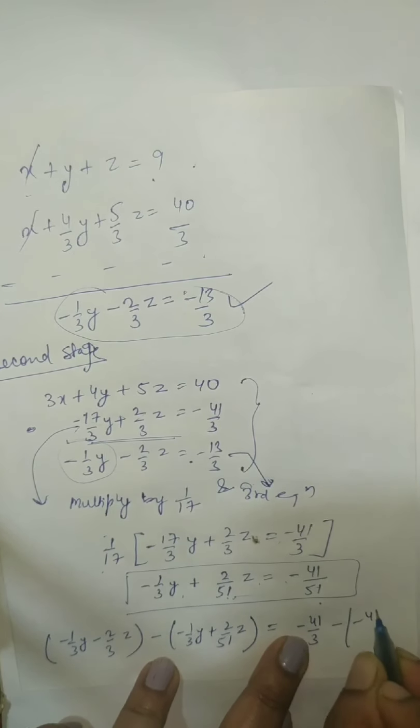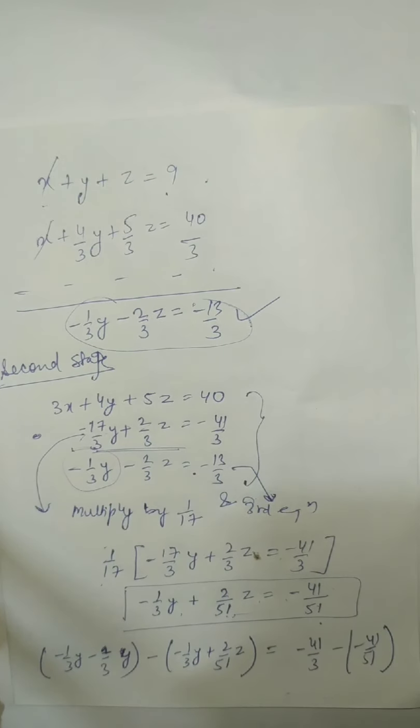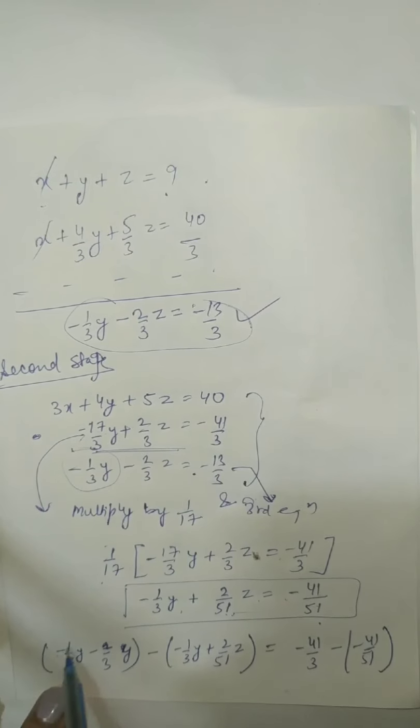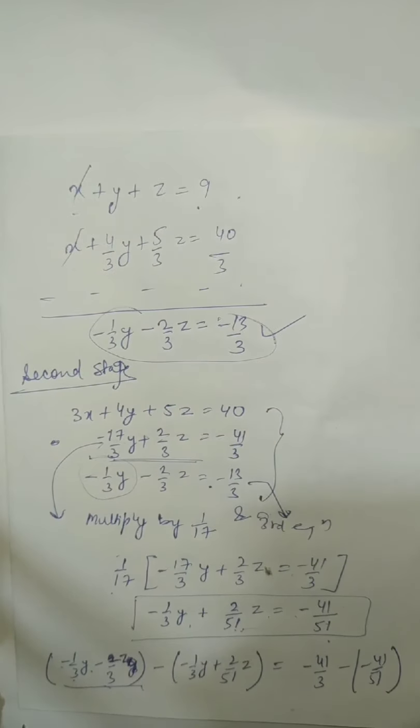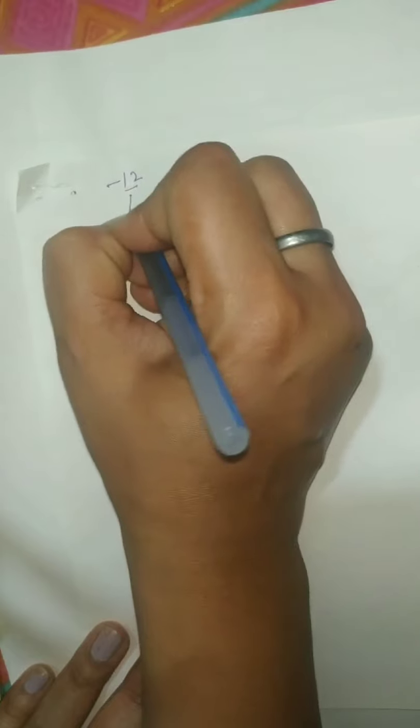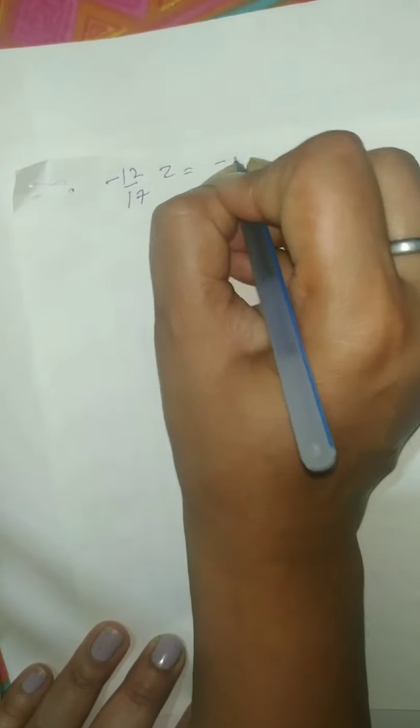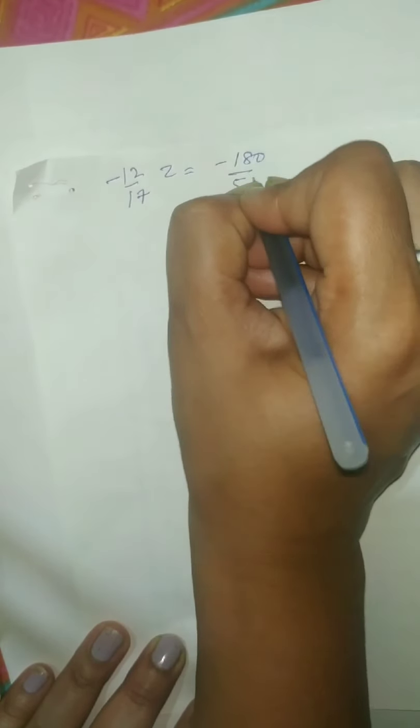So minus 1 by 3y and minus 1 by 3y get cancelled, and then we are left with minus 12 by 17z is equals to minus 180 by 51.